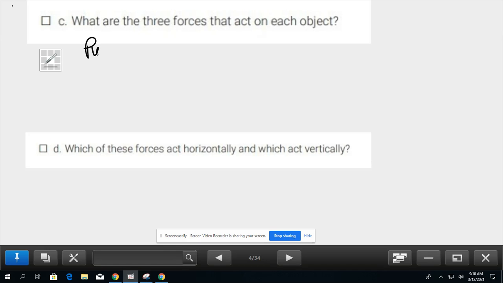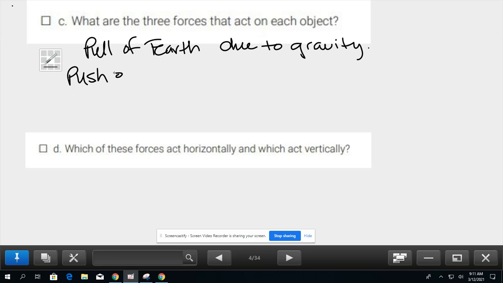So we have the pull of Earth due to gravity. We know that the table is pushing on our object, so the push of the table.